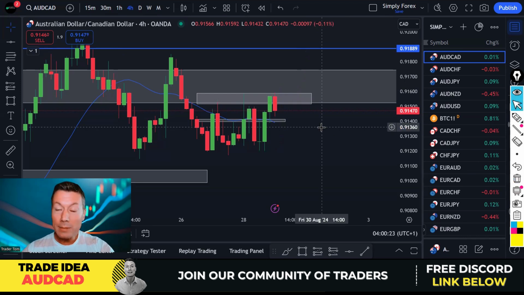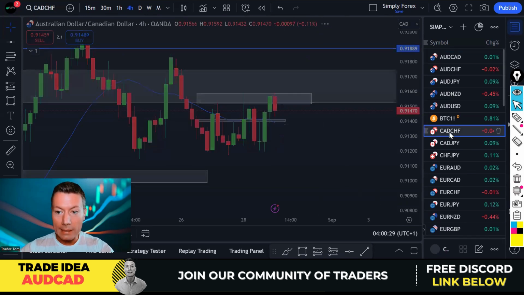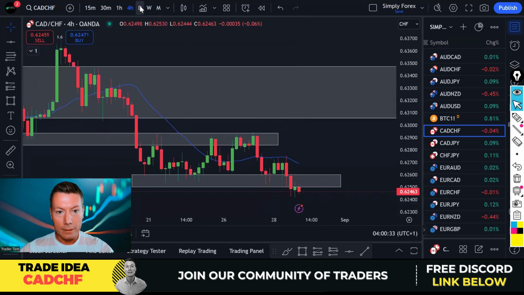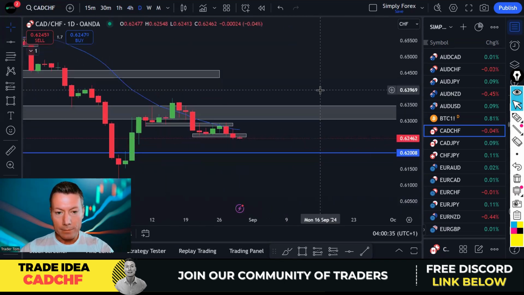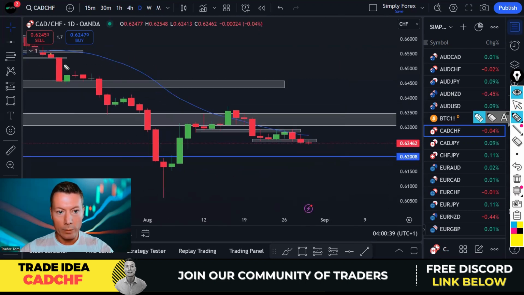And I'm still seeing some Canadian dollar weakness. So the next trade is Canadian dollar, Swiss franc, and I've literally just got in this trade. If we go to the day chart, you can clearly see that we were in this downtrend, and then it got a little bit unclear here, to be quite honest. Is that a higher high?